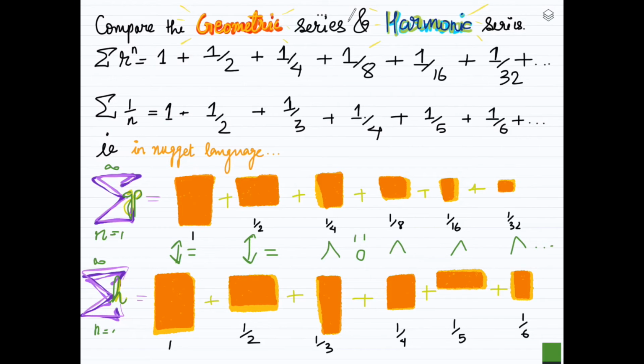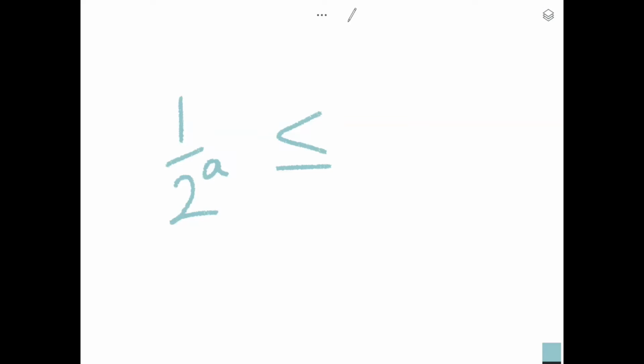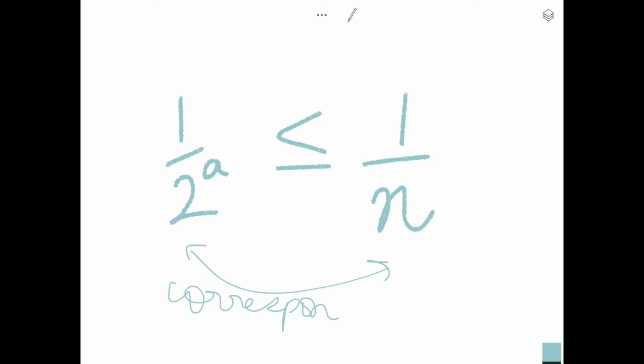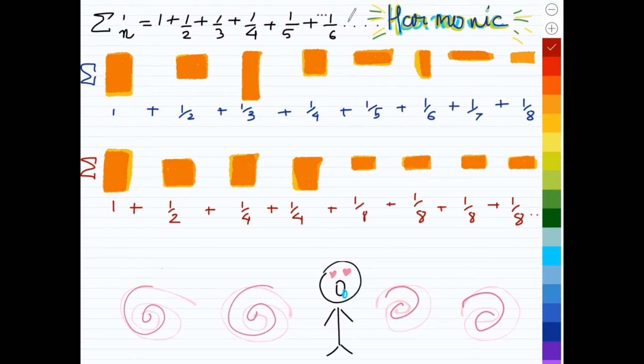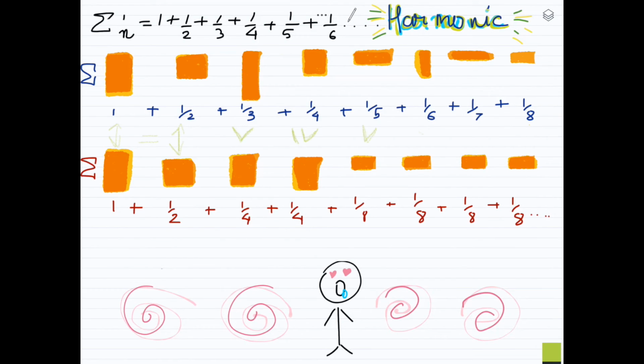But let's dig deeper. Consider this new series which is described so that each term is some power of half, but with the condition that all of these terms should be less than or equal to the corresponding nugget portion that you're eating in the harmonic series, i.e. it should be less than or equal to the corresponding nth term of the harmonic series. Let's see how this happens.